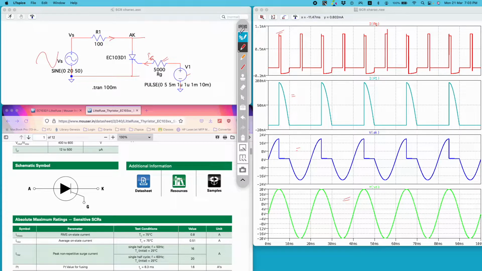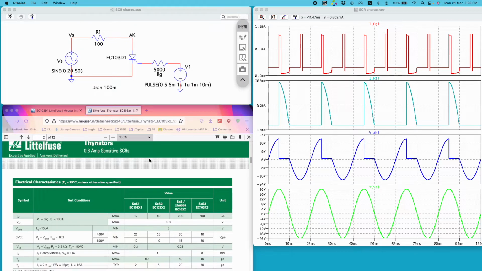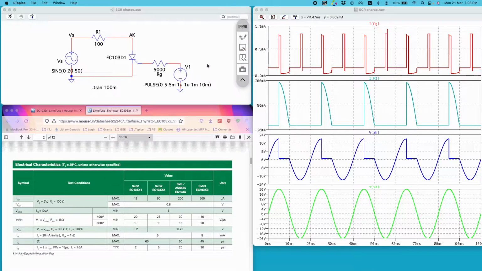Now in the data sheet, the IGT value is mentioned, right? For this particular SCR, EC103X1 or EC103D1, we have a maximum value of IGT of 12 microamp. So you can calculate the maximum value of gate resistance you need to maintain this Ig above IGT.